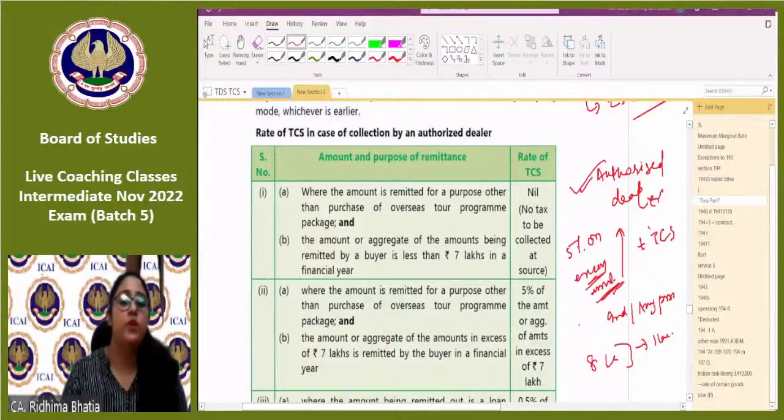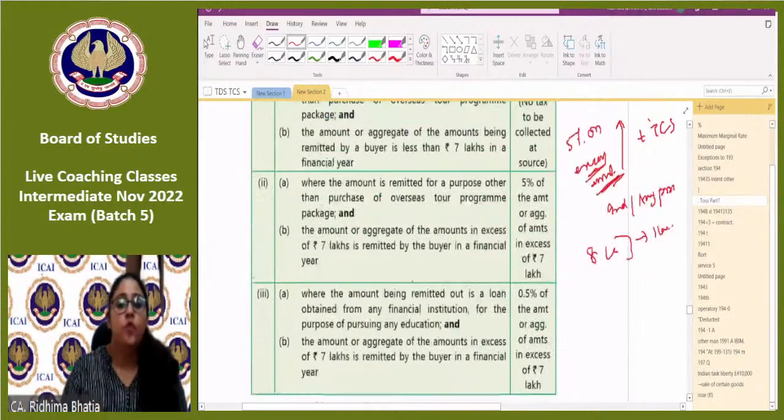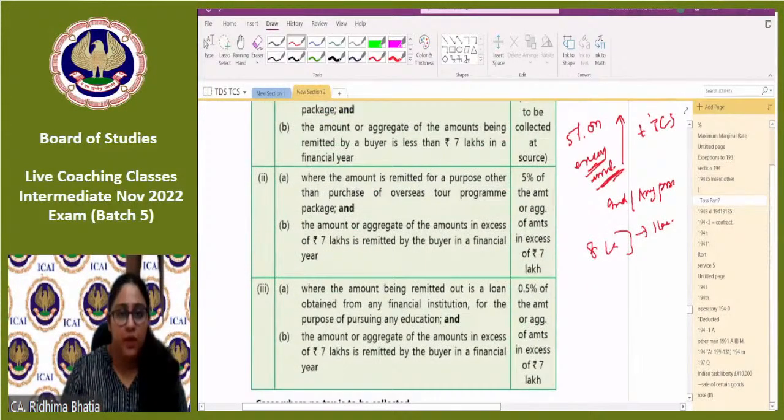But if you're remitting for the purpose of education, and the amount is taken from a loan obtained from a financial institution, not from your relatives, but for the purpose of pursuing education.